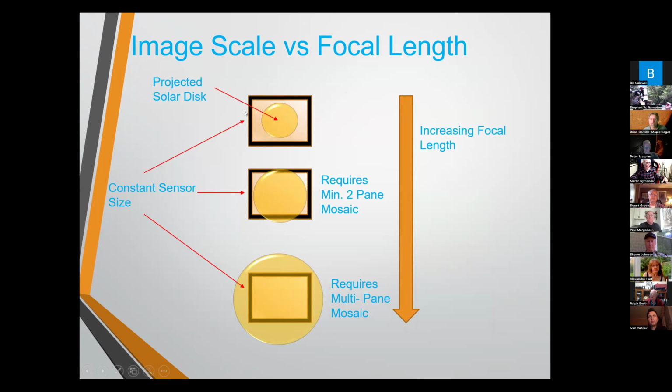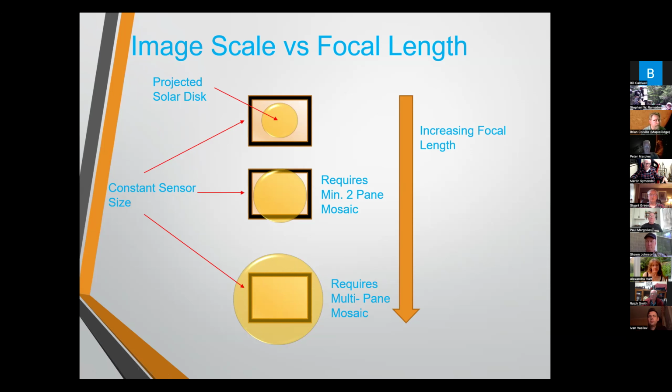So the projected solar disk may fit on the sensor, depending on the relationship between the focal length and the size of the sensor. Or if you increase the focal length, that disk may then overlap the edge of the sensor, and you may then need to create a mosaic. And if you increase the focal length even further, then you may need a multi-pane mosaic.